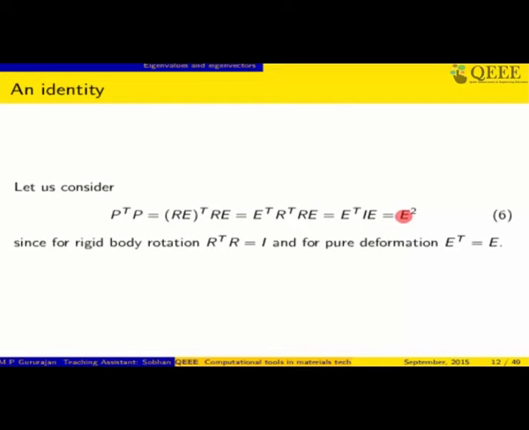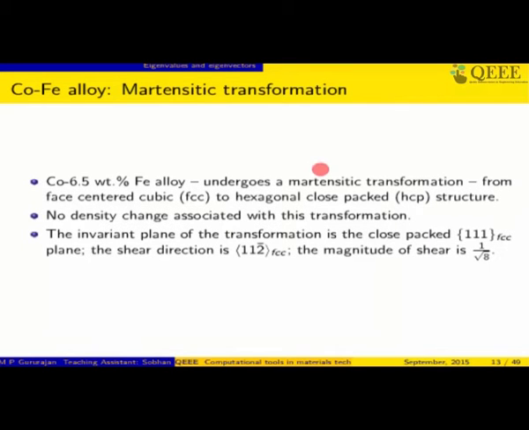In other words, what it means is the following. Why is this important, or why are we interested in such a computation? Let us consider a particular system, cobalt 6.58% iron alloy. It undergoes a martensitic transformation.